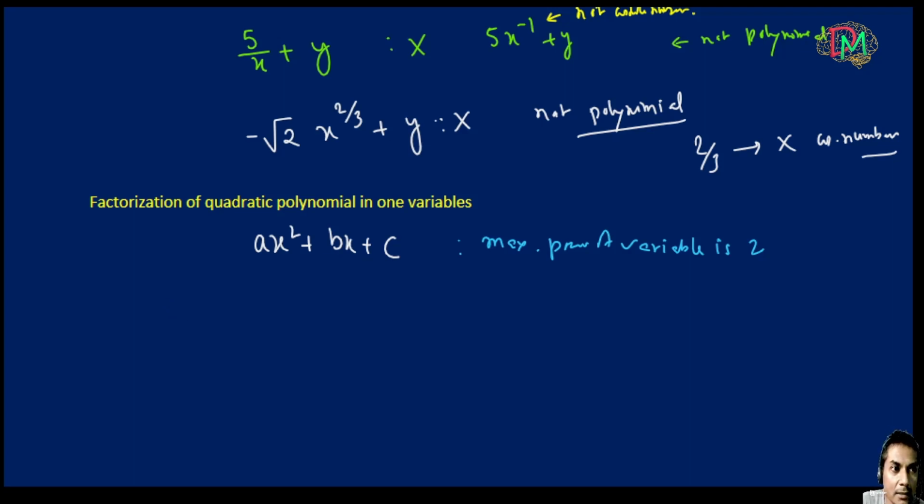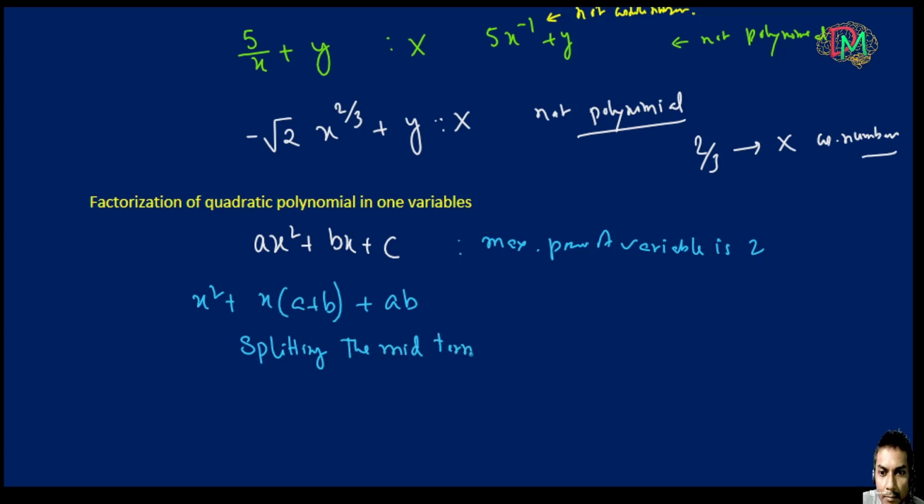If the format is x square plus x into a plus b plus c, or here you can consider c as ab directly, and we find the given quadratic polynomial is in this format, then we can find the factors by the splitting the midterm method.